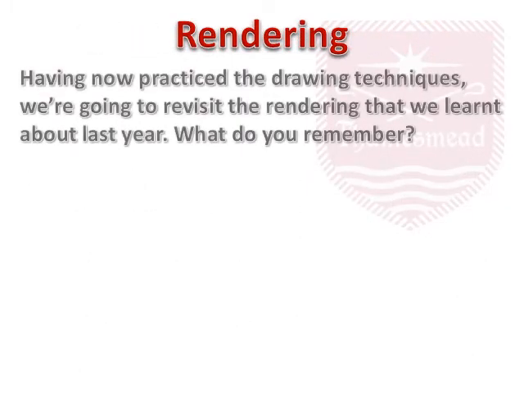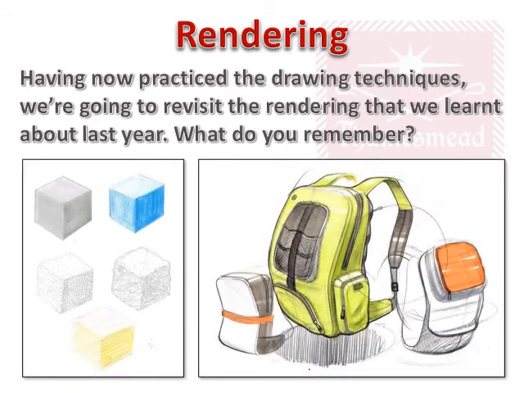Okay, rendering. Having practiced drawing techniques, I'm going to revisit the rendering. Now, can you see you can put texture onto your colouring? On the left hand side, you can see we've made things look like sponge, like they're made from wood and different materials like that. You see the bag on the right hand side.